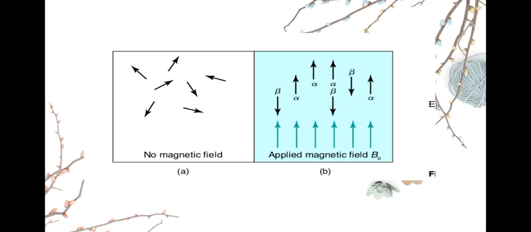So when the nucleus of a hydrogen atom or a proton is subjected to an external magnetic field, the interaction between the magnetic moment and the magnetic field must align either with the field or against the field. Again, the magnetic moment must align either with the field or against the field.